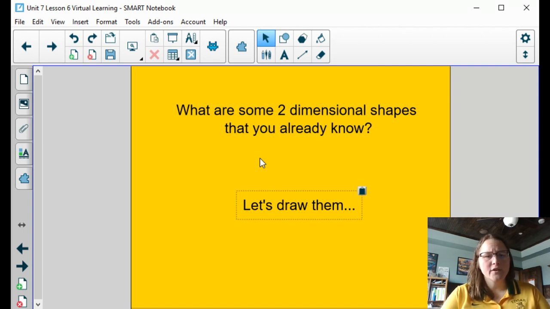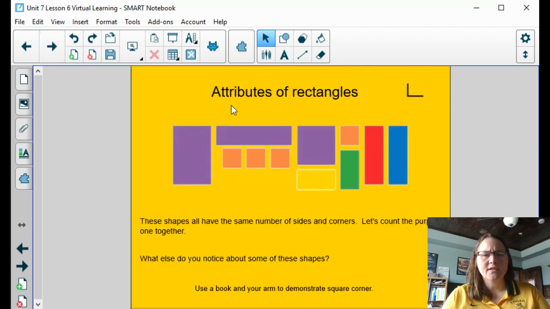Awesome. Boys and girls, you came up with some great two-dimensional shapes. We've got squares, rectangles, circles, triangles, hexagons. Ooh, we've got some good ones.